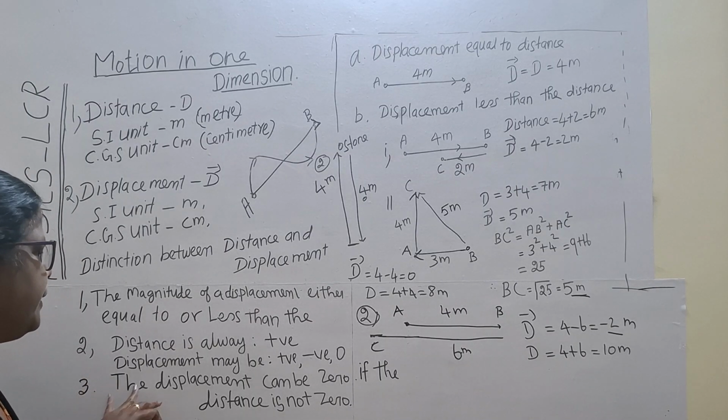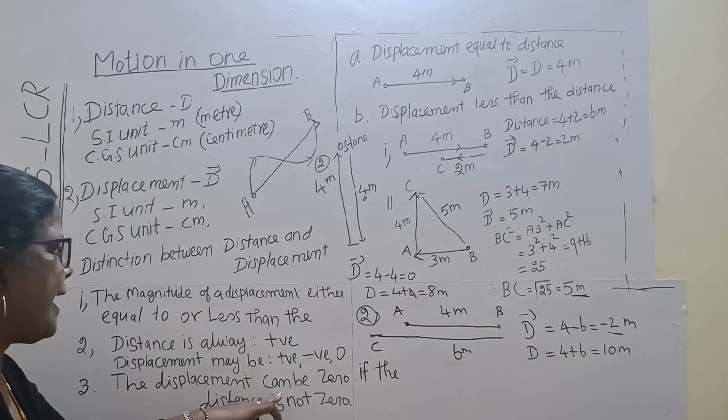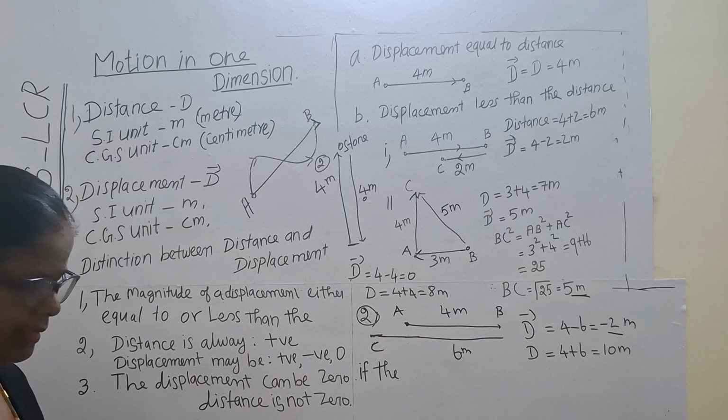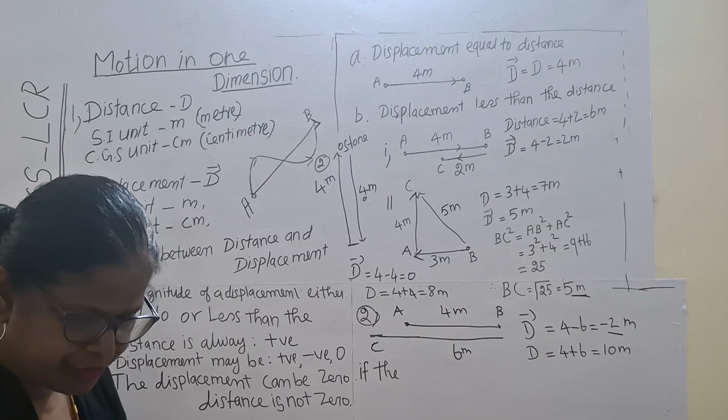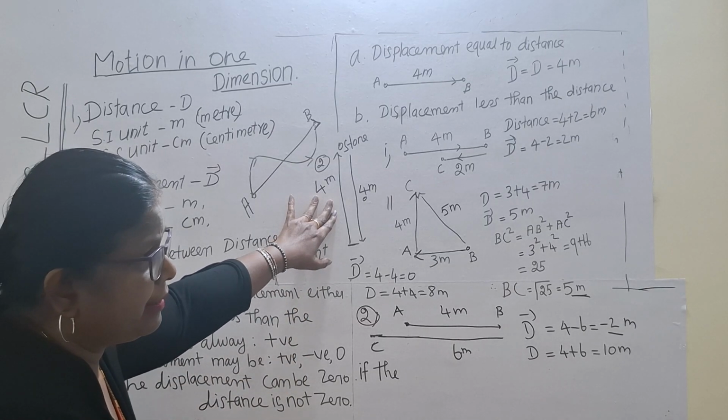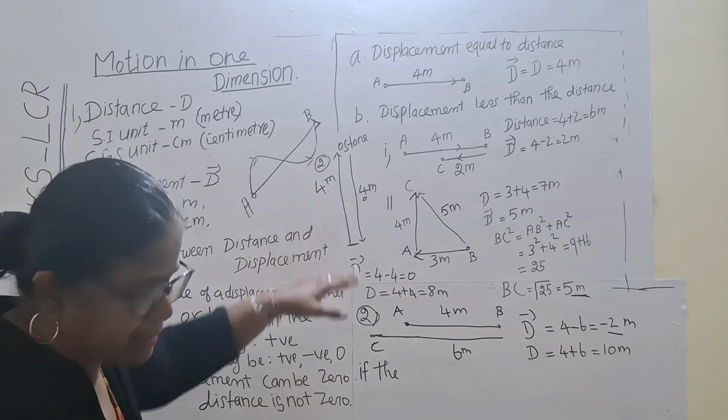Third point: the displacement can be 0 even if the distance is not 0. How can it be 0? We can say this is an example.